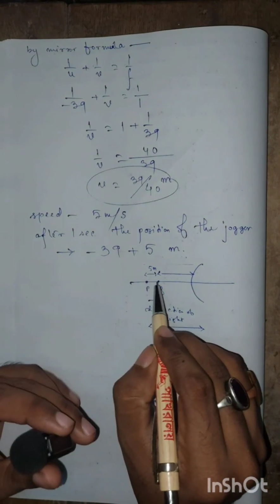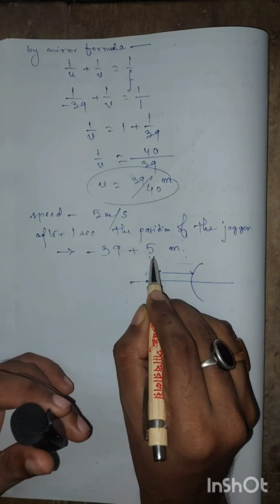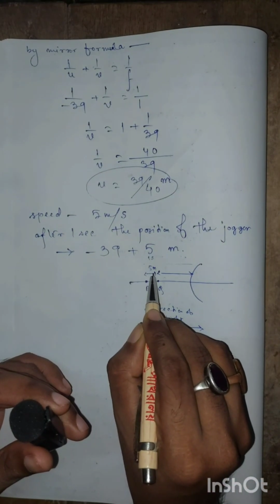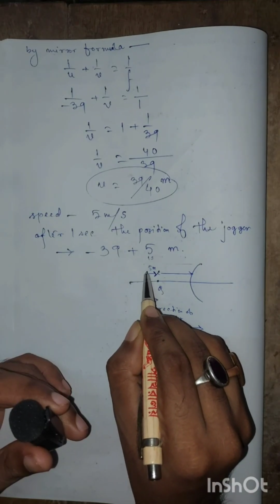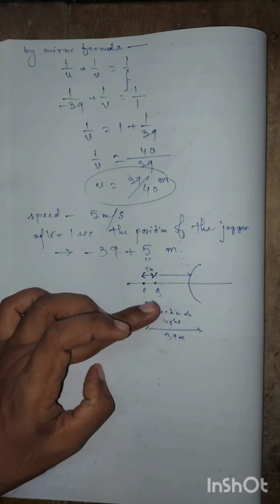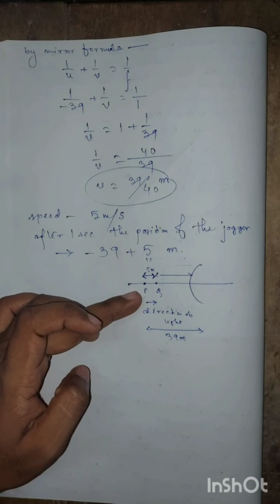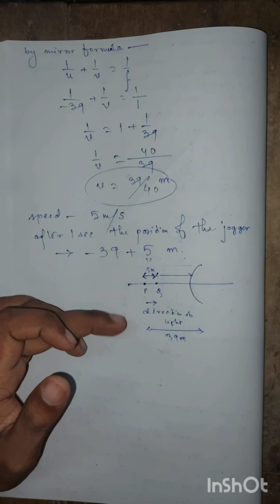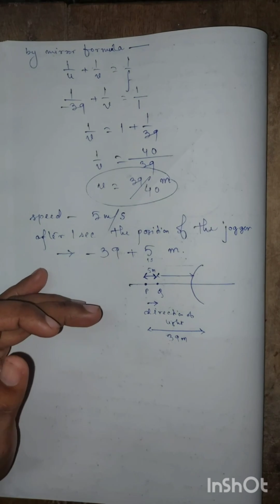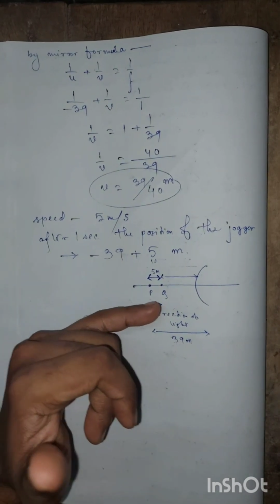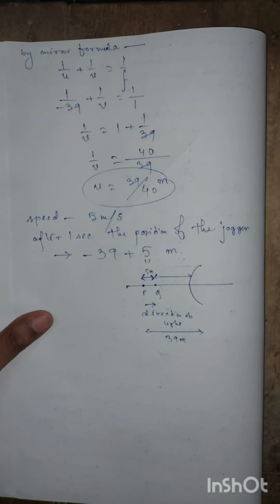This part is traveled in 1 second. To reach the point Q, jogger takes 1 second from the point P, and the distance of these 2 points is 5 meter.